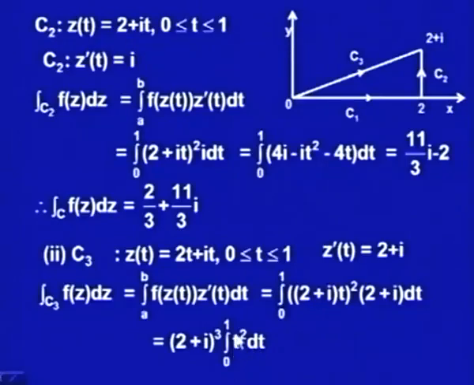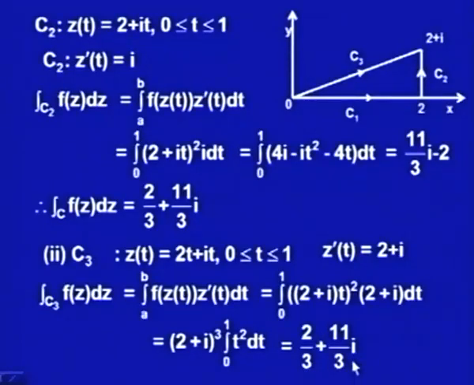This integral is nothing but 1 by 3, because t cube by 3 evaluated from 0 to 1 will give me only 1 by 3. So I would get 2 plus i whole cube. 2 plus i whole cube is what? 8, i cube would be minus i, plus 2 into 3, that is 6i times 2 plus i. Again you simplify it, finally you will get 2 by 3 plus 11 by 3 i. You can evaluate it by yourself, it is a very simple calculation.